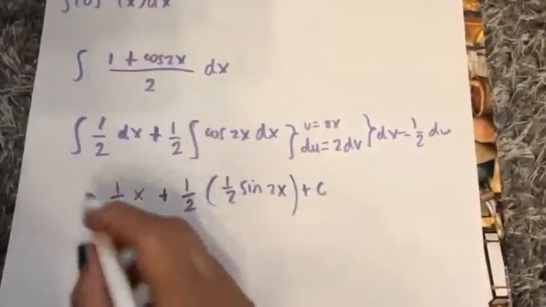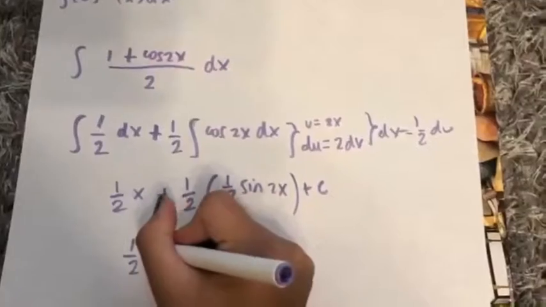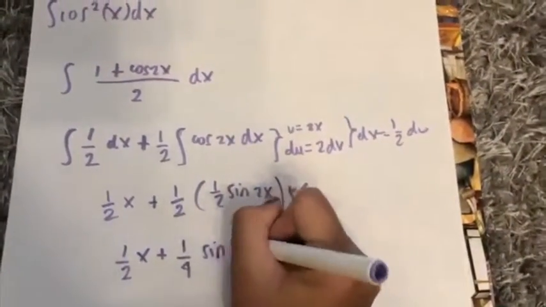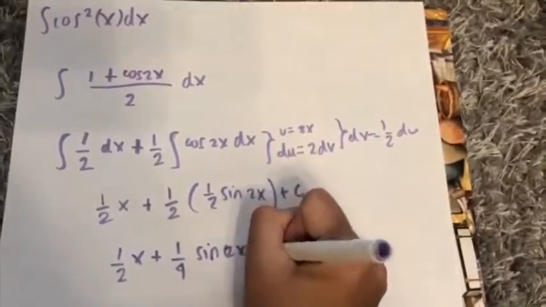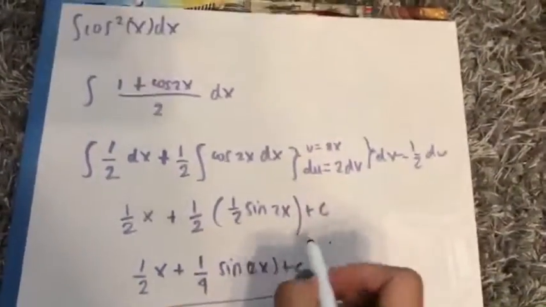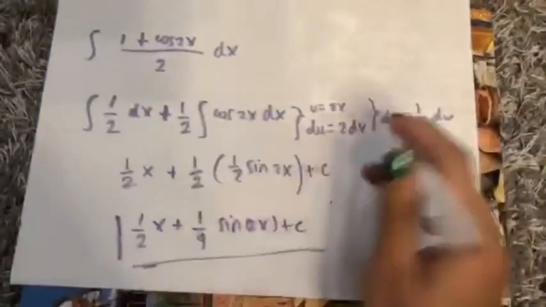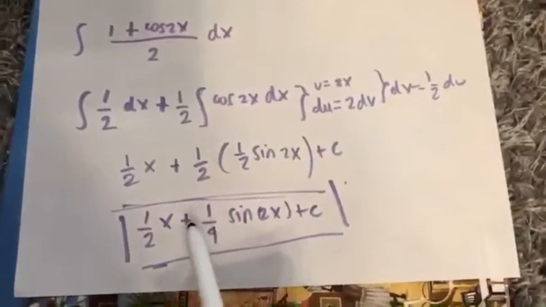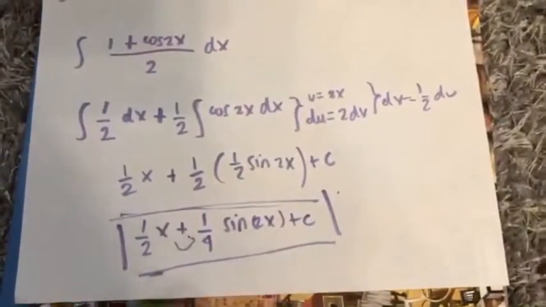Now as a result, we're going to get 1/2 of x plus 1/4 sine 2x plus c. So as you can see, it's pretty much the same as what we did in the sine function. The only thing that's going to change here is this plus.